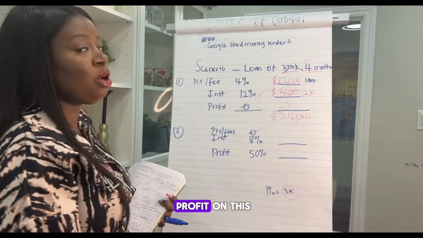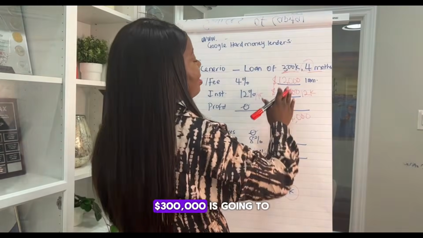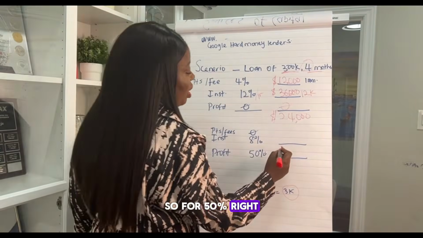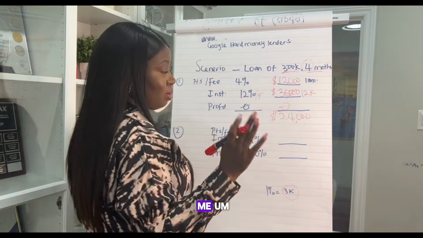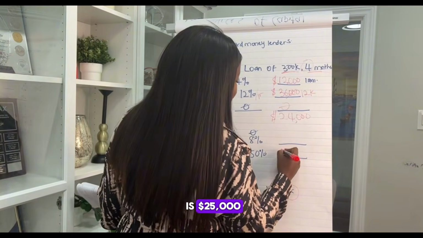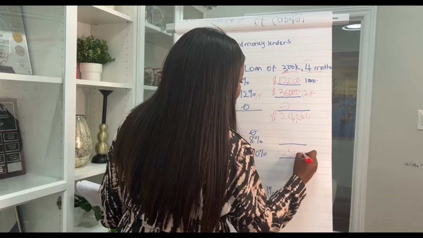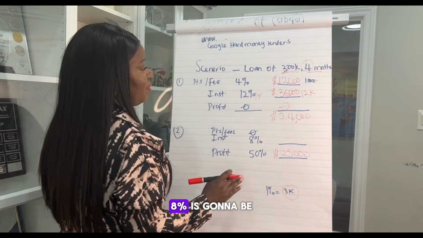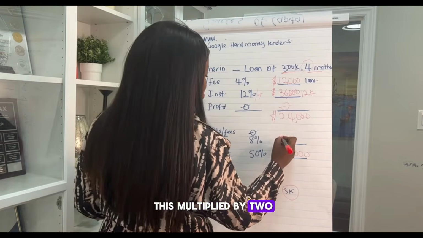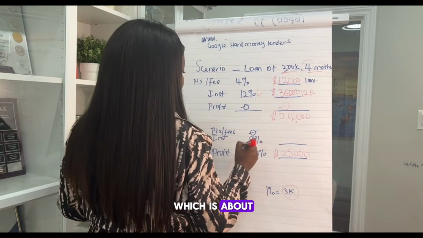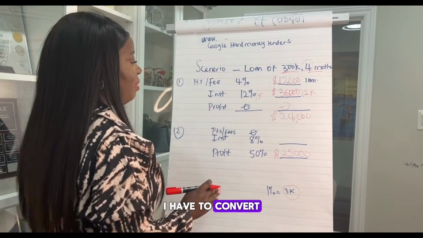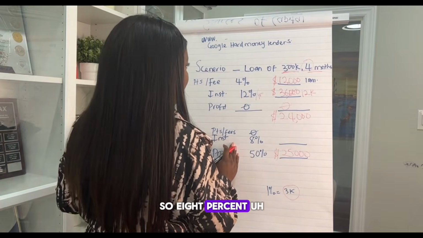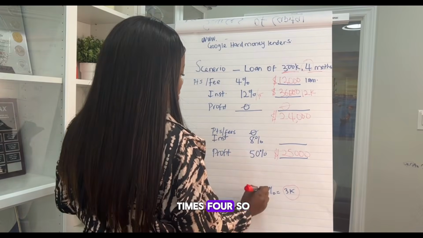Let's assume that our profits on this $300,000 is going to be $50,000. So for 50% right away, they're going to charge me 50% of that, which is $25,000. Then 8% is interest again. I have to convert it back to 4 months.